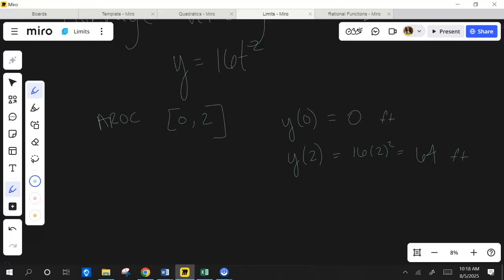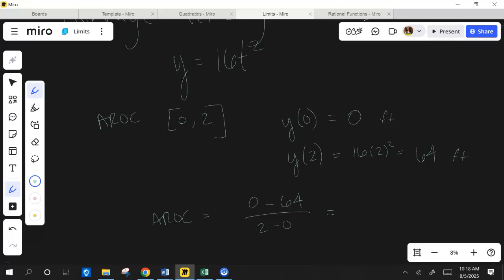Okay. So to find this rate of change, I'm going to do 0 minus 64 over 2 minus 0, or vice versa. It doesn't matter which one, as long as if you start with this one, you start with this one on the bottom, right?